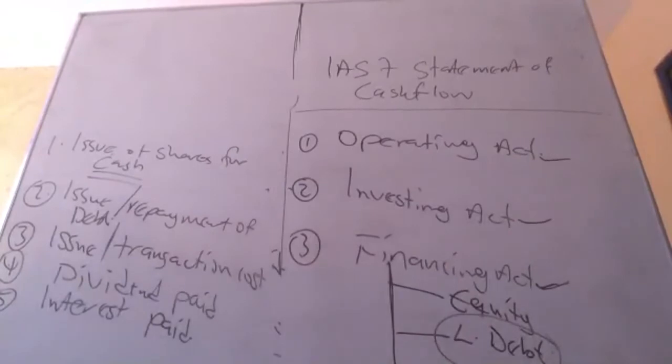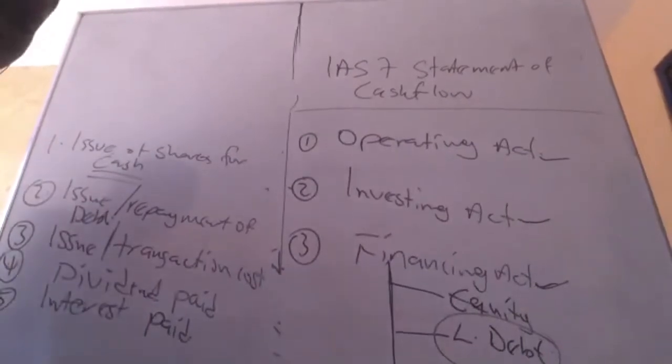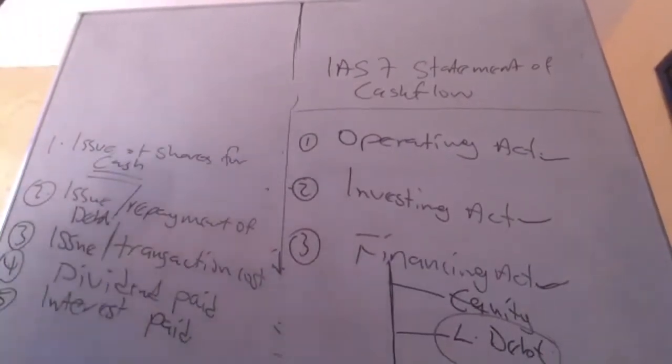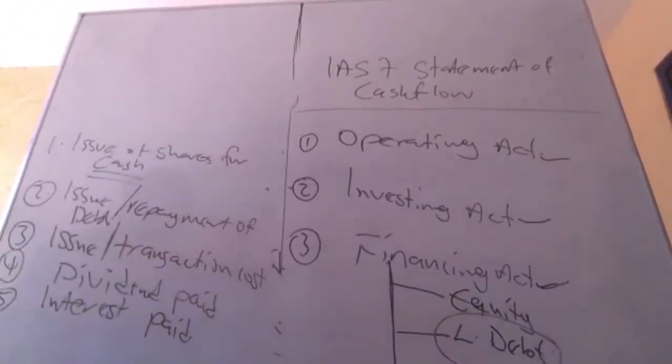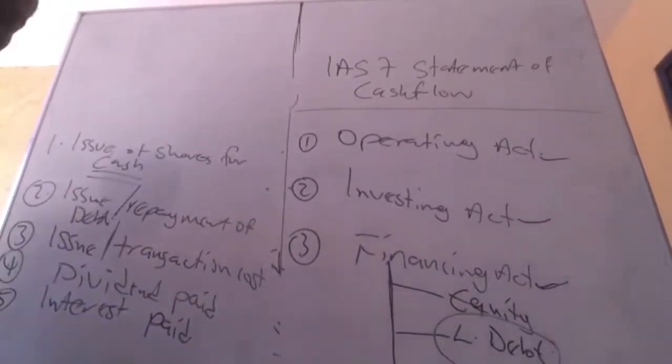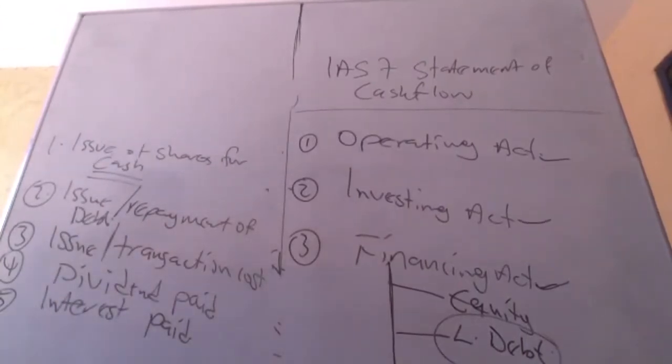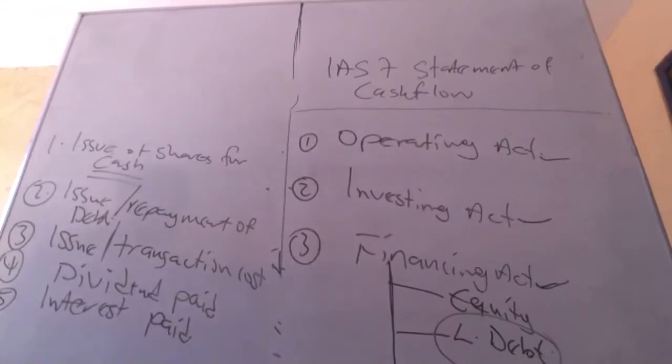So that is it. Now let me give you a classical example. Bank. If you take a bank, for instance, whether they go for loan or not, they still pay interest on customers' deposits. So it means that interest payment becomes their core activity.